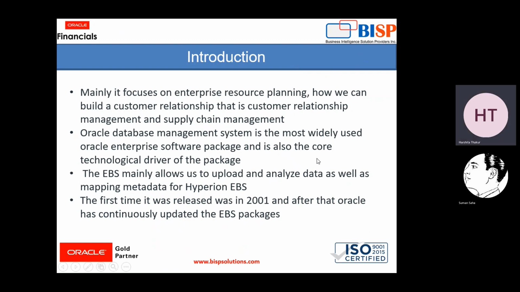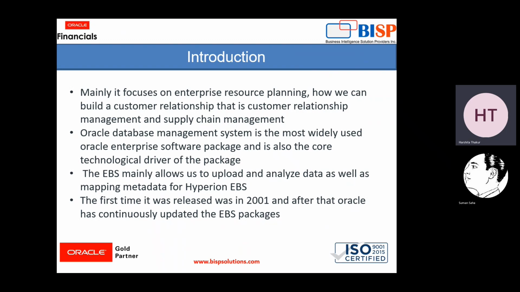It mainly focuses on enterprise resource planning, how we can build a customer relationship, that is customer relationship management, and supply chain management. Oracle Database Management System is the most widely used Oracle enterprise software package and is also the core technological driver of the package.